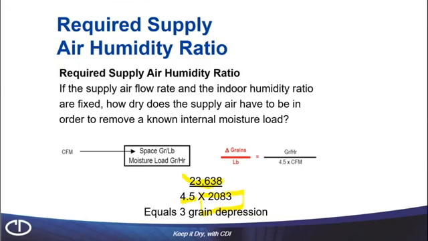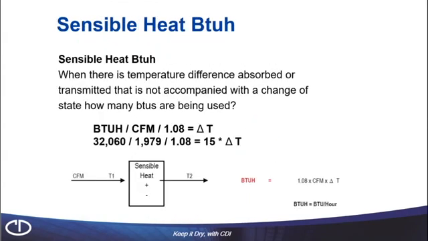Here's the formula. Here's our moisture. 4.5 our constant. Our CFM has been determined for us at 20 air changes. This example is a 25 foot by 25 foot by 12 foot operating room. That tells us that we have to discharge at 3 grains below the room of 41 to offset that gain.